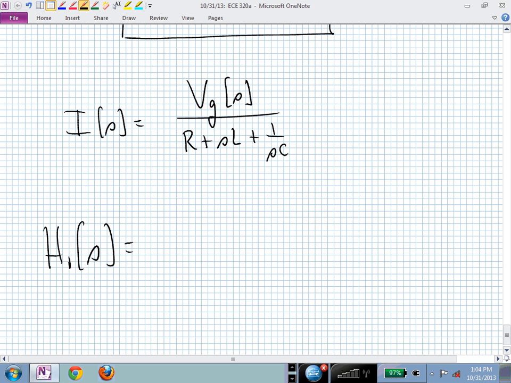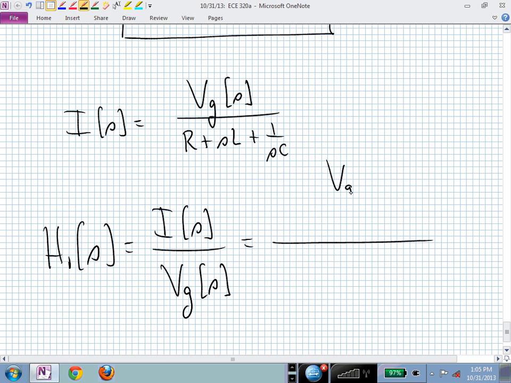H sub 1 of S, our first transfer function for this same circuit, is the output, which in this case was our series current, and our input is V sub G of S. But we've just defined I. I is V sub G of S over R plus SL plus 1 over SC, and we divide that by V sub G of S.